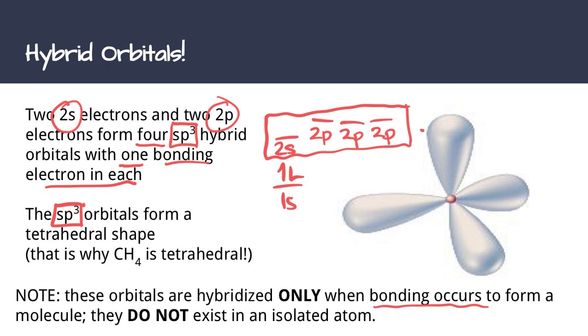They're actually going to be a little bit higher than 2s, but a little bit lower than 2p. And so these would all be sp3 hybrid orbitals, 2sp3, and each one would have one electron in it. So that's how we can form our 4 bonds.